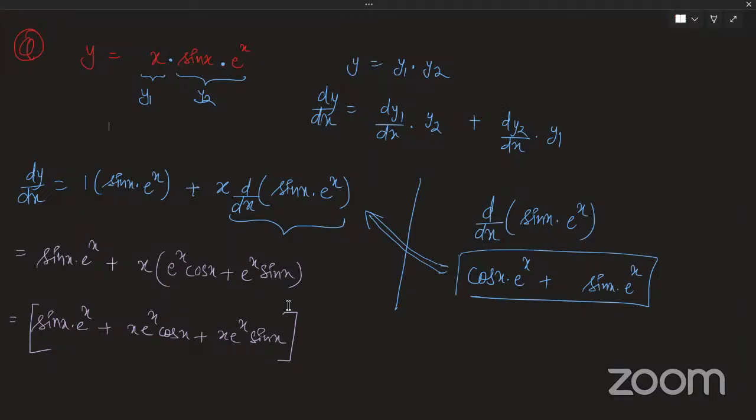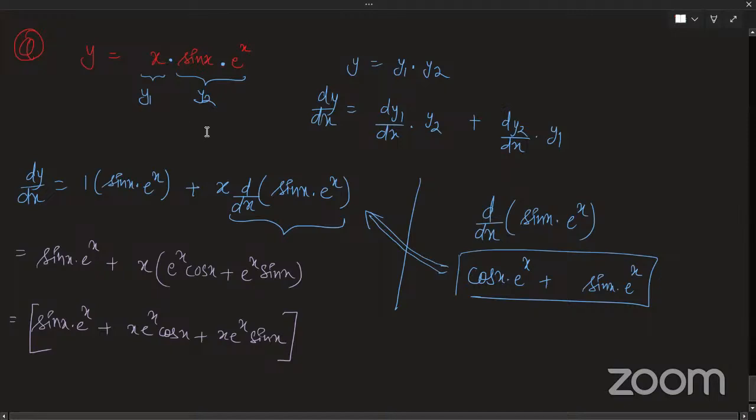So just take one small minute and think about it. You have got three functions over here in multiplication. First function is x, second is sin x, third is e raised to x. Now I want you to think for a while what will happen if you just take the differentiation of one function at a time. Differentiate one function at a time and keep the other two as they are.